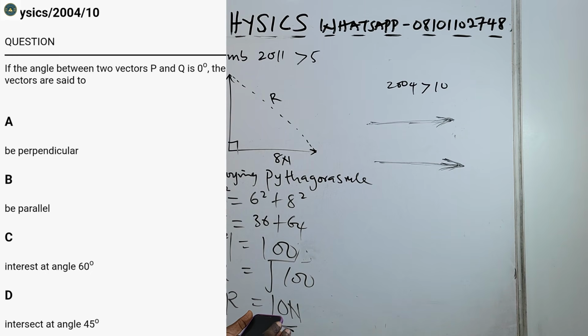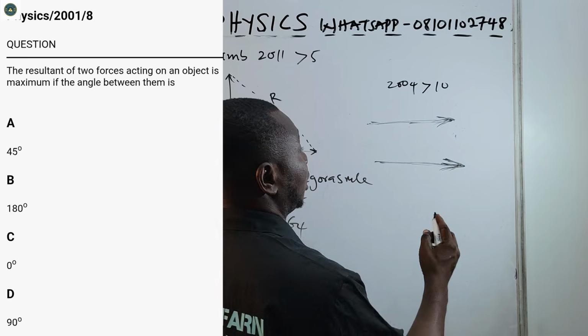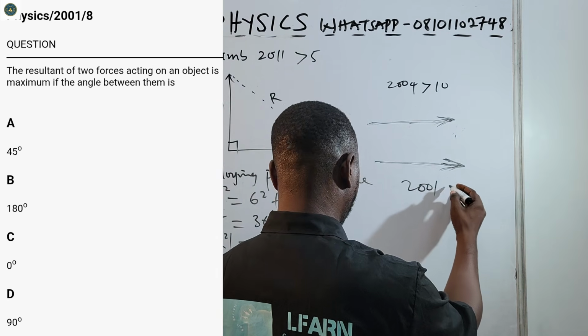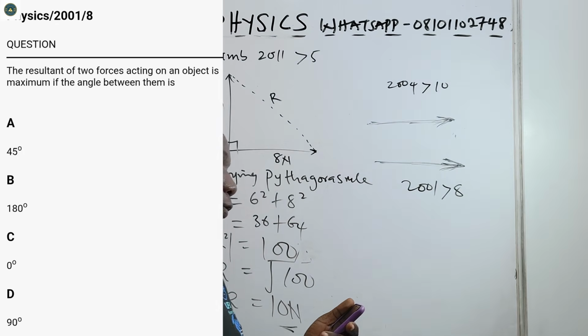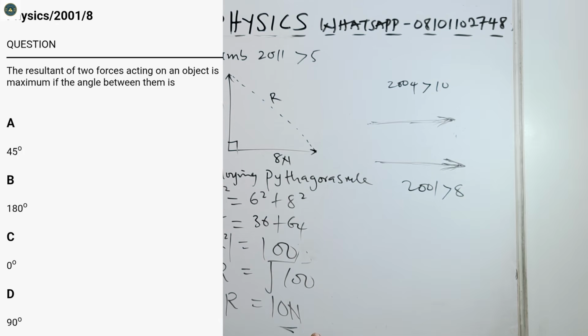Then we also have 2001, question 8. It said the resultant of two forces acting on an object is maximum if the angle between them is dash.